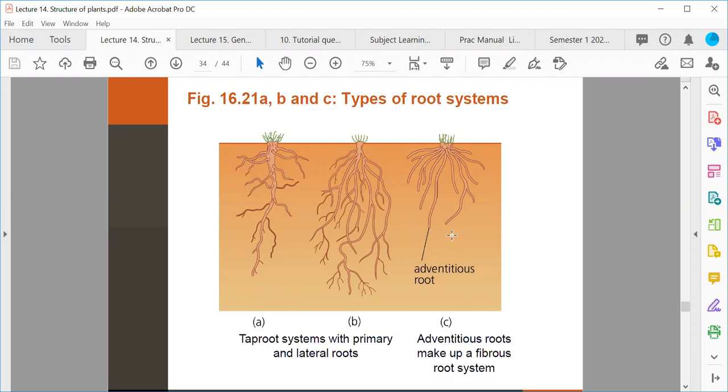But in monocots, you're more likely to find a fibrous root system, which is made up of what are called adventitious roots. And you can see from this image here that the adventitious roots are roots which actually arise primarily from the base of the stem. So you don't have that primary root with the lateral roots or root branches arising from it. So that's our adventitious roots in monocots.